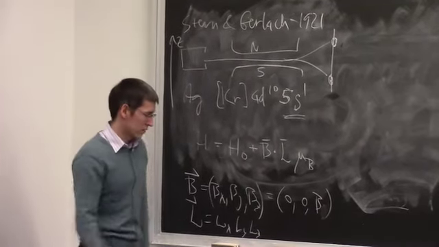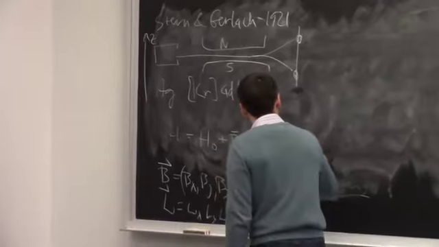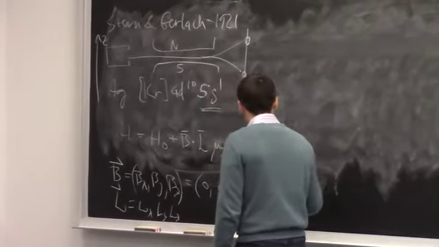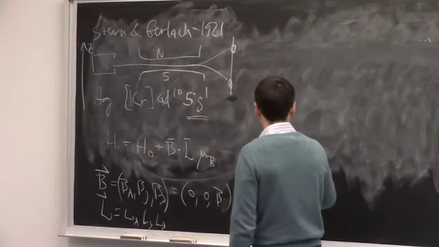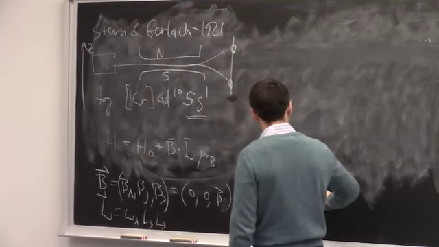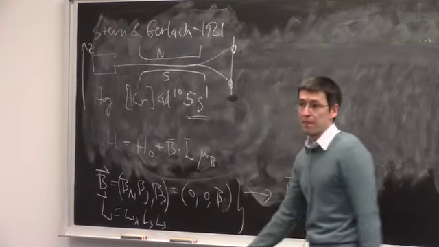Y, x, and y were 0. So therefore, we know the dot product, inner product of B vector with L vector will be what?